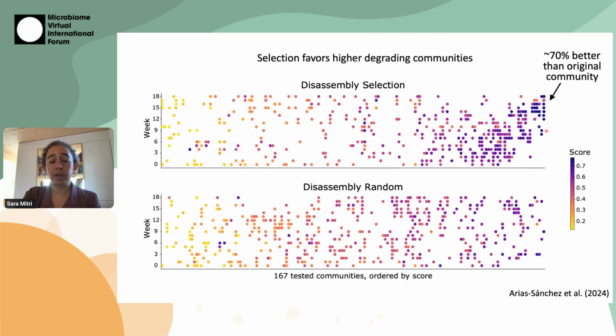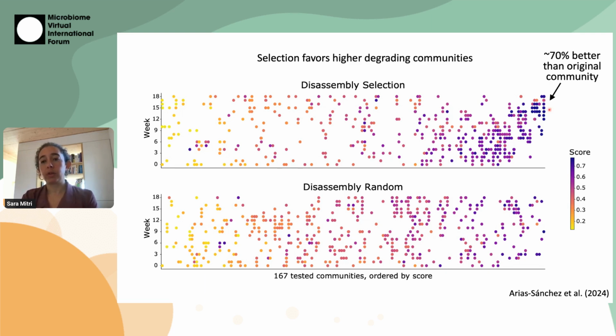The only thing you really need to see is that in the selection treatment, you get this accumulation of dots that is going up, so improving in their score as the weeks go by, where the weeks are on the y-axis. So essentially what this allowed us to do was to find a community with a different species combination that's 70% better than the original community. So that was quite nice. It's not huge. Of course, ideally we would want it to be 10 times better than the original community, but at least we do see some improvement.